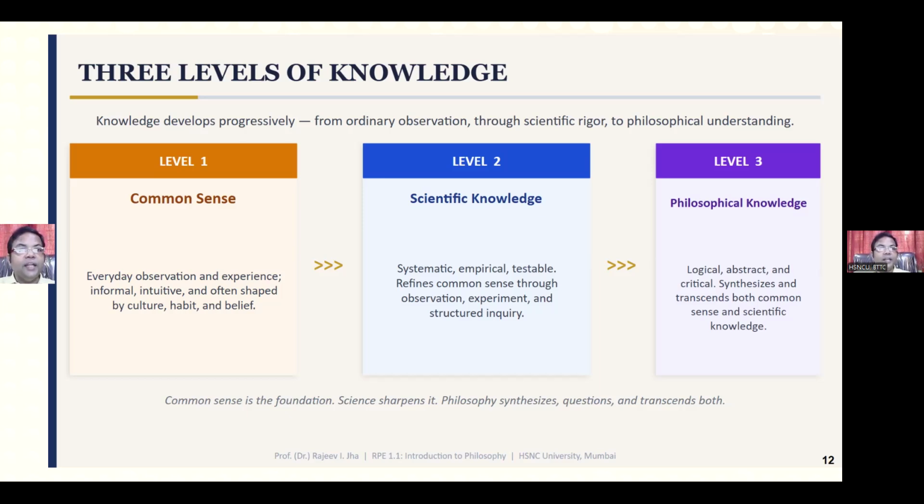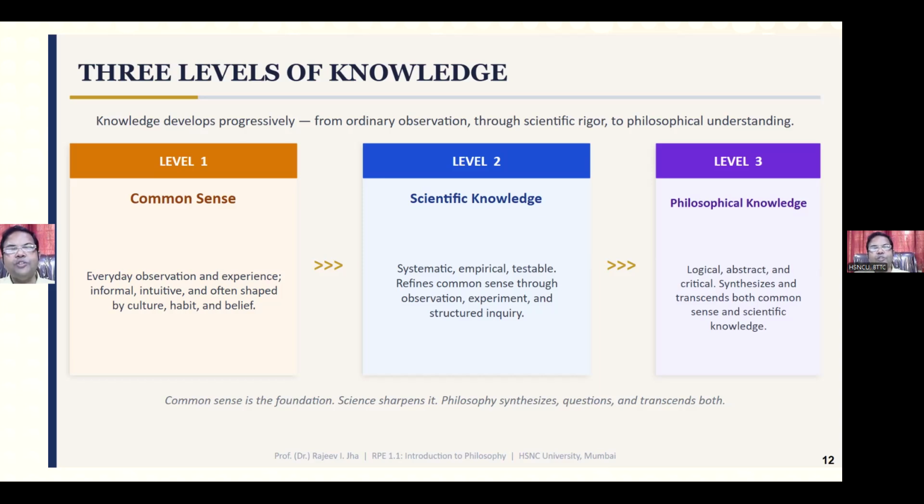Level 2 is scientific knowledge, systematic, empirical, testable. It refines common sense through observation, experiment, and structured inquiry. Newton gave us the law of gravitation, not because objects belong on the ground, but because two masses attract each other in proportion to their product and inversely to the square of their distance.